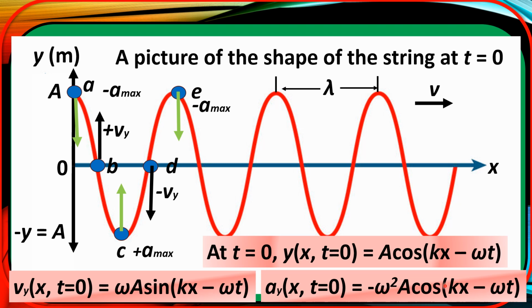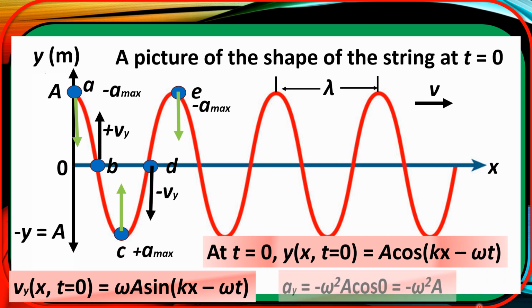So just like what we did for y and for v, let's determine the transverse acceleration of a particle at x equals 0, meaning particle A as well as particle E. If x equals 0 at time equals 0, the transverse acceleration will be equal to negative omega squared multiplied by A cosine 0.